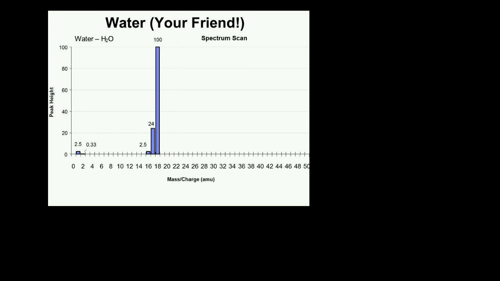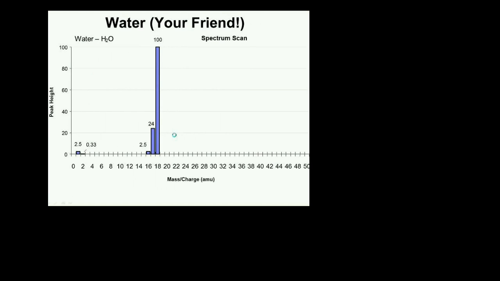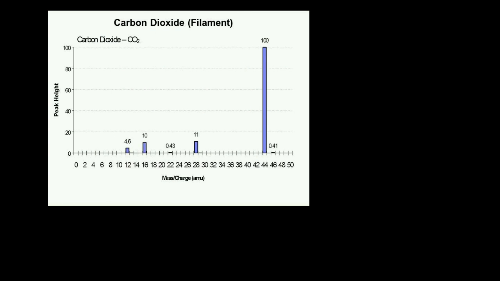The next ones, and I'm going to consider them together, are carbon monoxide and carbon dioxide. If you look at the spectrum in your ultra-high vacuum system, you will see a peak at 28 and a peak at 44. Carbon monoxide and carbon dioxide come out of the filament.